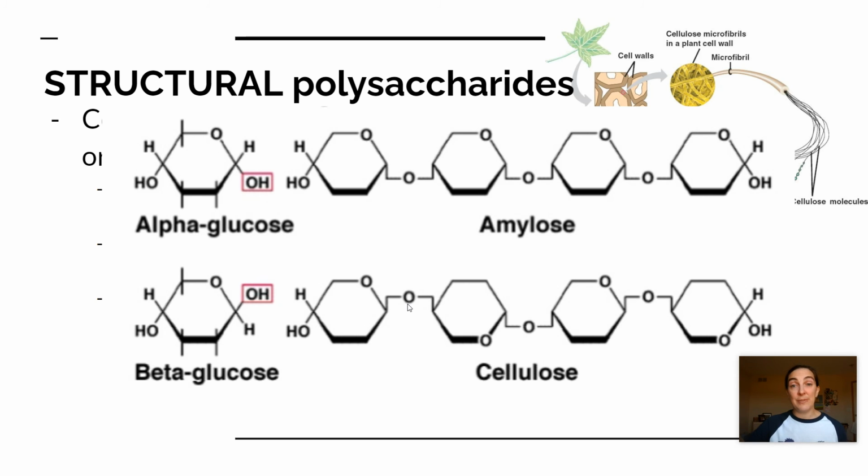So that's the only difference, but that shows you how important the shape of molecules are and how specific the enzymes that digest these are. We have enzymes that can digest amylose, but they cannot digest cellulose. So again, just a reminder that that structure-function relationship is really critical, and every little detail of the shape of these molecules matters.